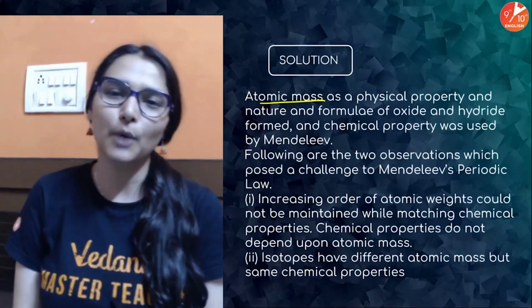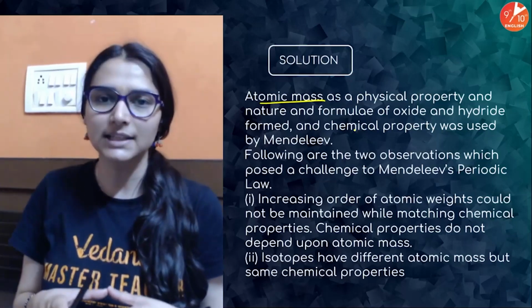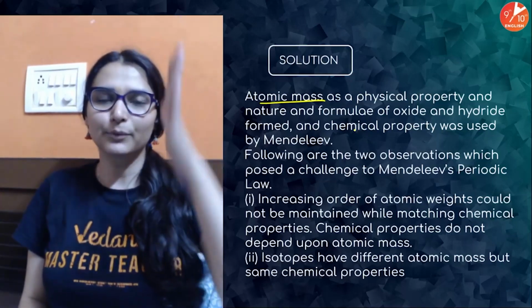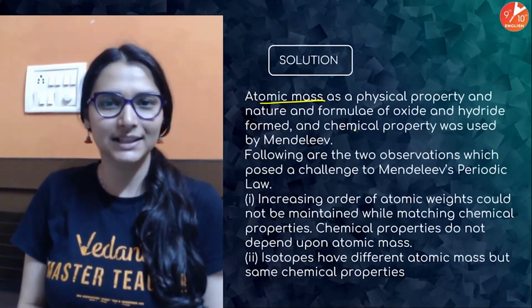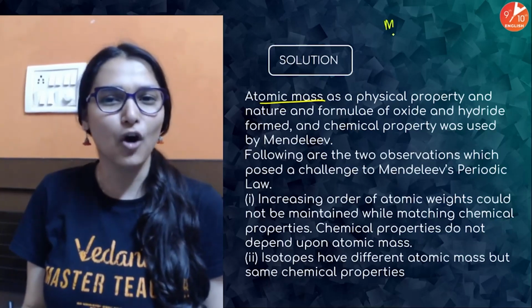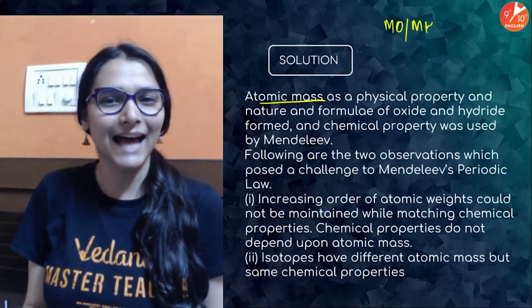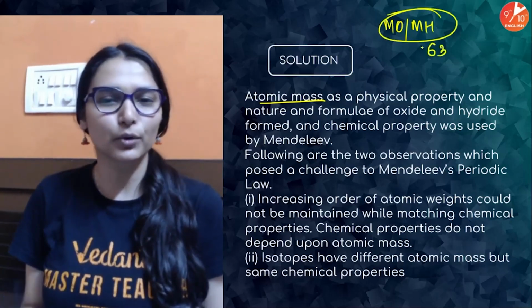And the chemical property: when he arranged elements in the increasing order of mass, he found that elements in the same vertical column, in the same group, had similar chemical properties. How was that possible? Because he took the formula of the oxides of the elements and their hydrides. That is what he did. 63 elements were known at that time.